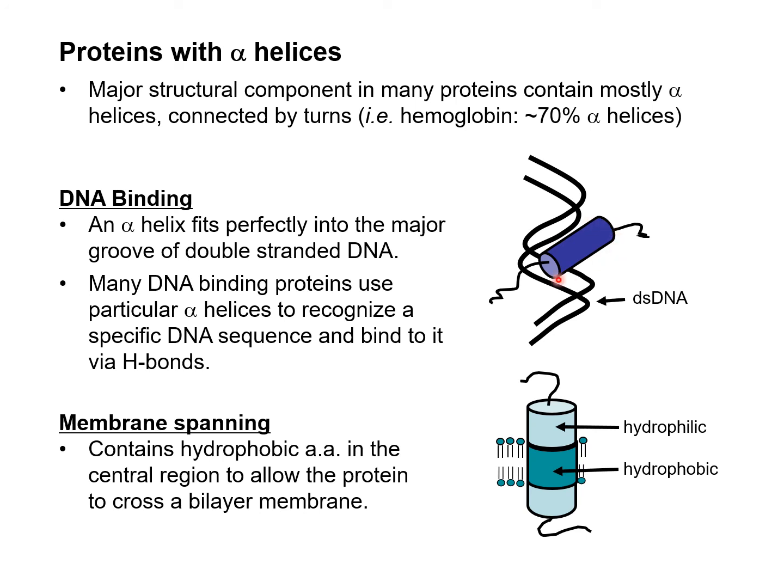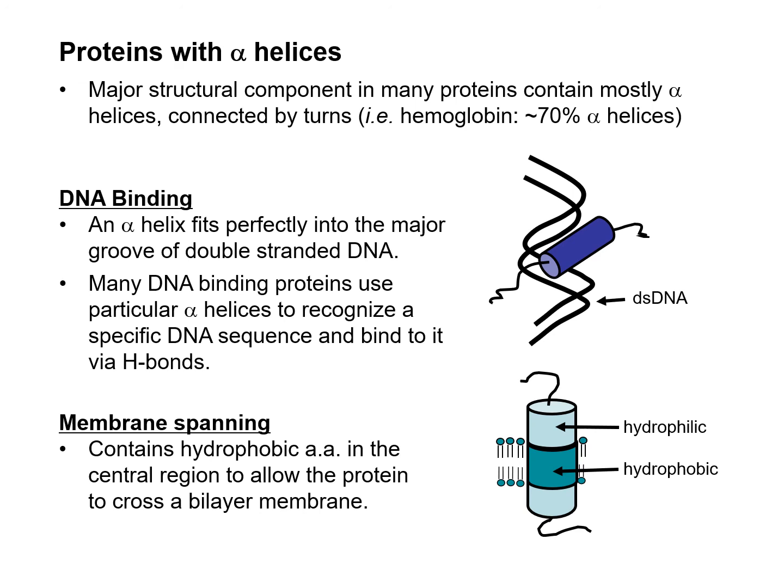In many cases, different residues within the helices are designed in a way that they can recognize certain specific DNA sequences. So it is widely used for DNA binding proteins that have a specific target for a specific gene or region within the chromosome.